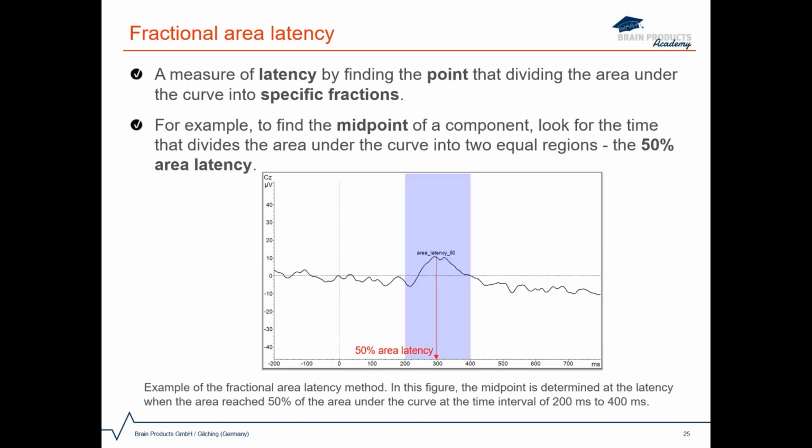For example, if you want to find the midpoint of a component, you could identify the point that divides the area under the curve into two equal regions, as in the example below. This would be the 50% area latency measure, and it works extremely well on large components like the P3 wave or on components that have been isolated by means of difference wave.